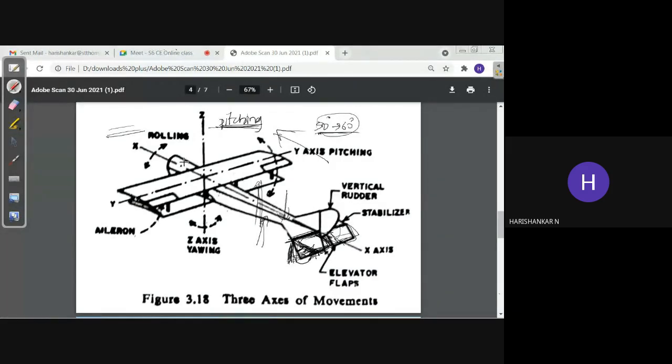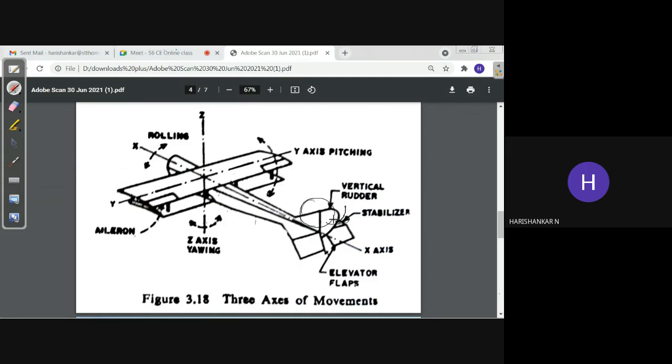And after that it is the rudder. These rudders are provided in order to maintain the streamline characteristics. Here you can see this rudder can be rotated in this direction.